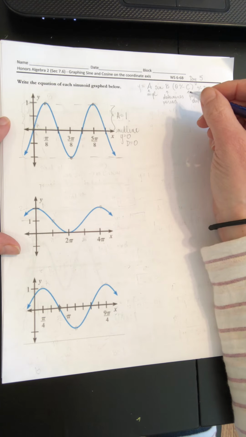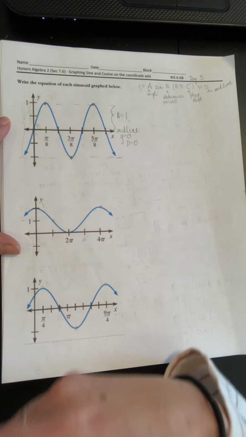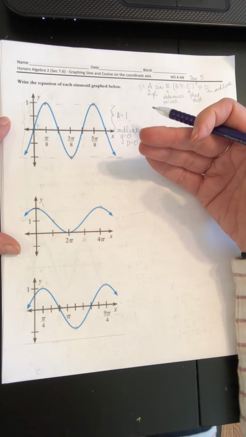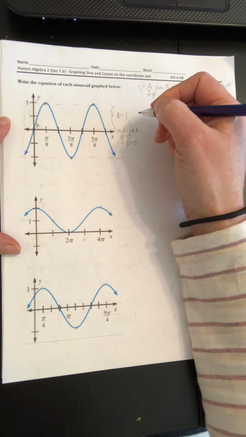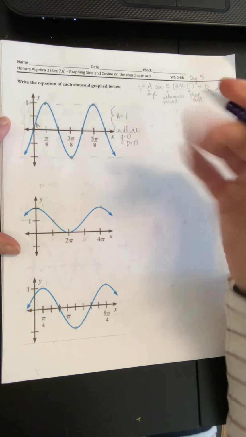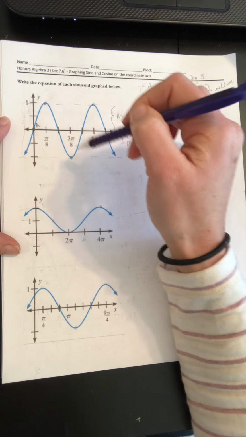Then the next thing you want to do, since I haven't done so, depends on where you're thinking about starting your graph. If I look here, this is point A. I just picked a point. Usually you're going to pick one along the midline or a min or a max.